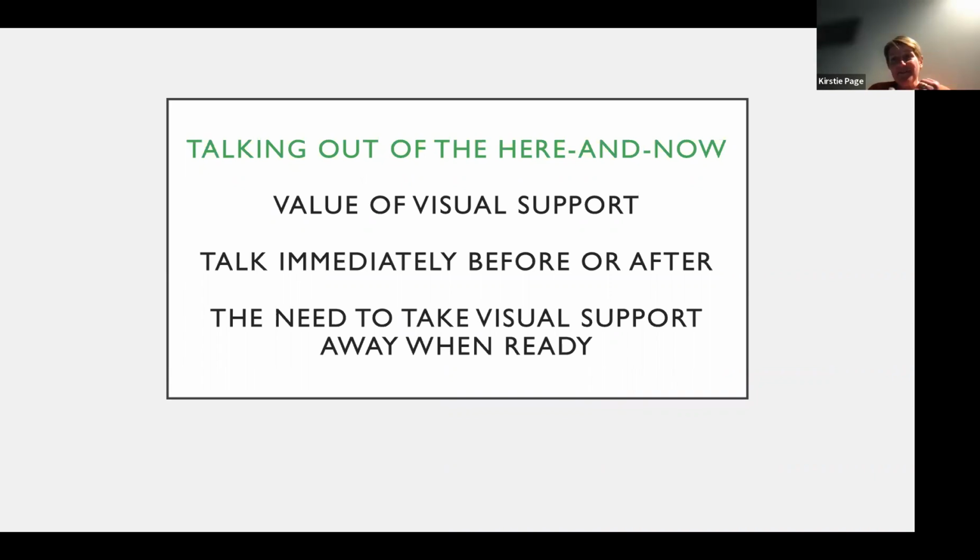However, everything in life is always about a balance. And as children's skills build, you will be wanting to create opportunities to encourage them to talk out of the here and now without always having visual support. So it's about providing that context when they're young, providing that support when they still need it.